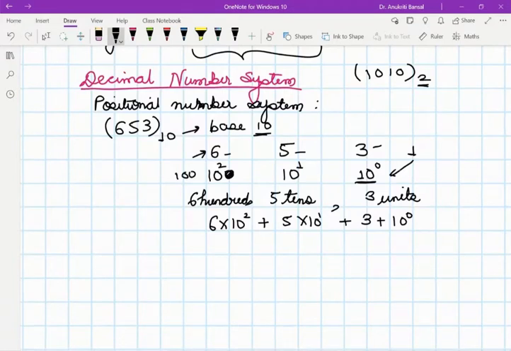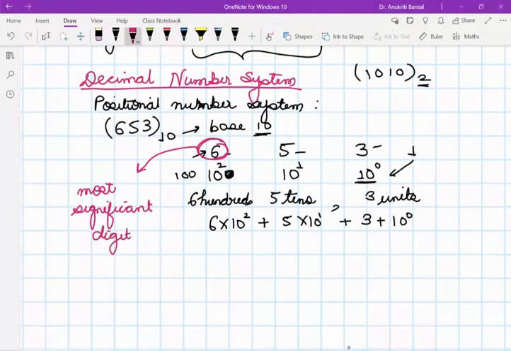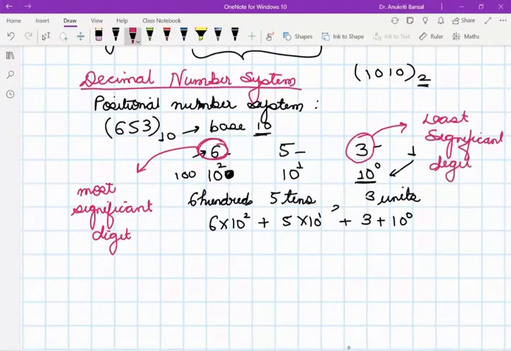So the digit with higher weight is called the most significant digit, and the digit which has the least weight out of these 3 digits is called the least significant digit.